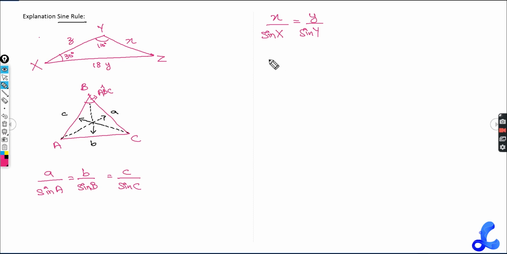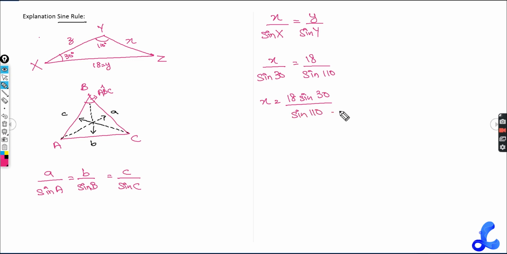So x is not given to us, let's keep this as our variable. Sine X, the value for X is 30. So x over sine 30 equals small y, which is given as 18, over sine Y, which is 110. Let's play with it a bit algebraically. So x equals 18 sine 30 over sine 110.